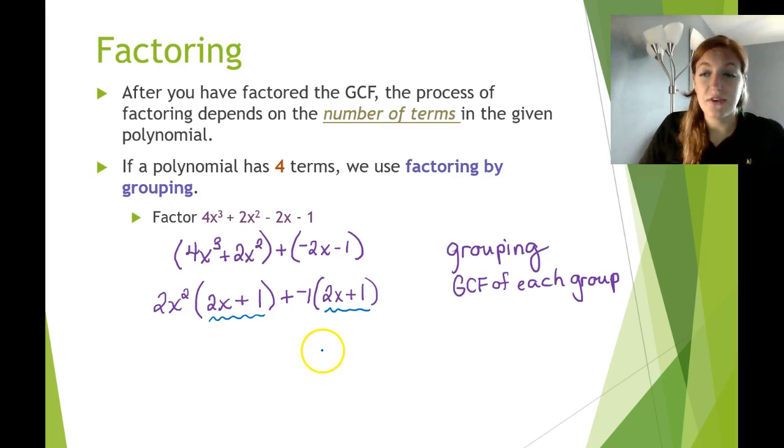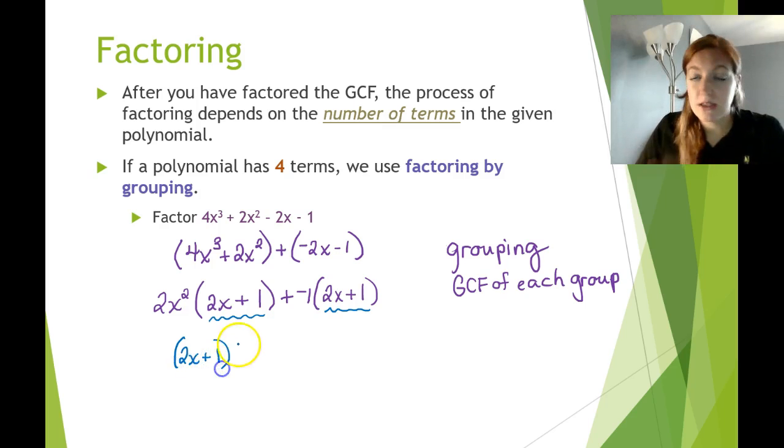And in fact, if you don't get that, you should probably go back and double check your GCF, that you either pulled out enough or pulled out too much. So go back and double check that if those 2 are not the same. So we factor those out and we get, I lost my pointer here. Okay, there we go. We get 2x plus 1 because we're pulling that expression out of each term.